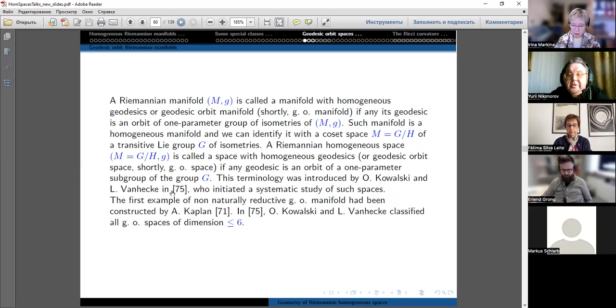But in this systematic approach, Kowalski and Vanhecke classified all low-dimensional geodesic orbit spaces of dimension less than or equal to 6. And therefore, they started a very popular direction in differential geometry, not only for Riemannian spaces. There are generalizations for Finsler spaces, semi-Riemannian spaces, and so on.